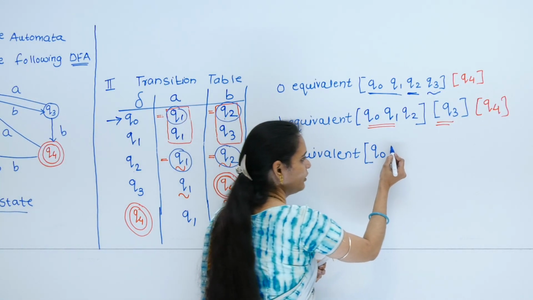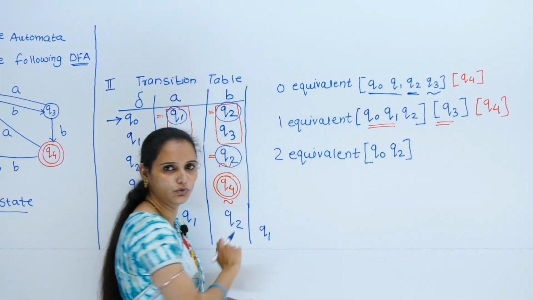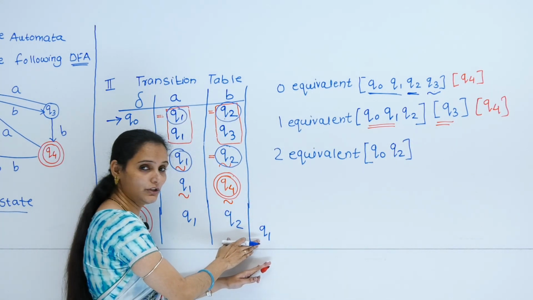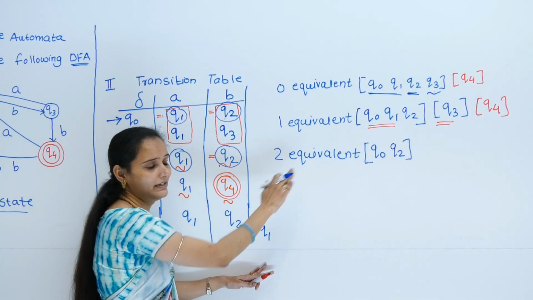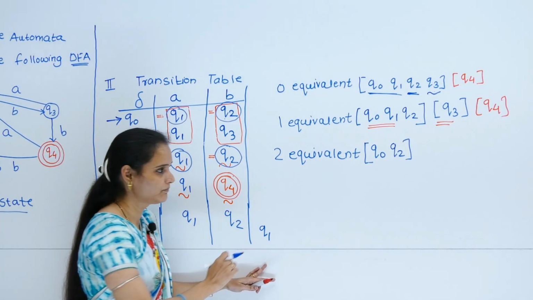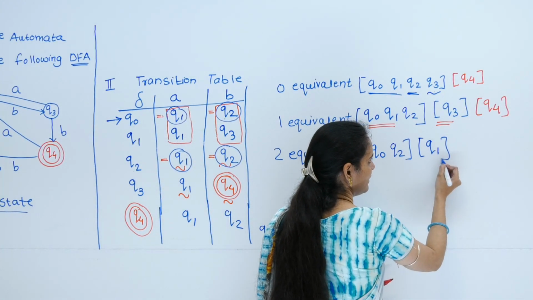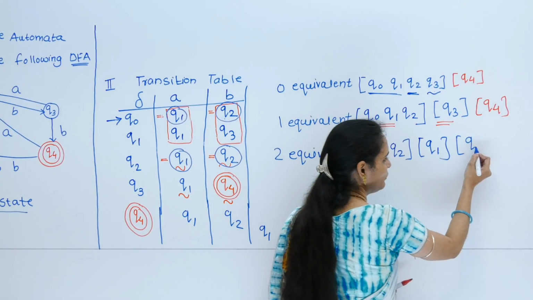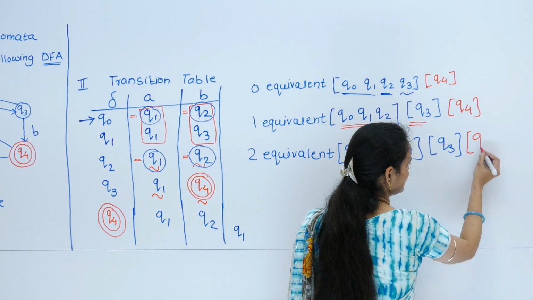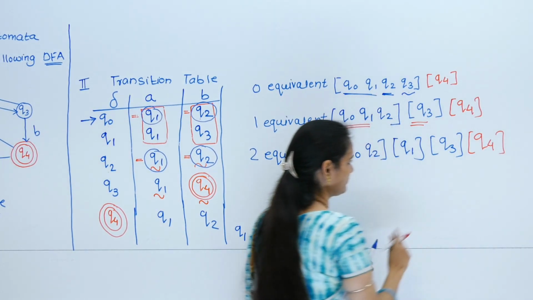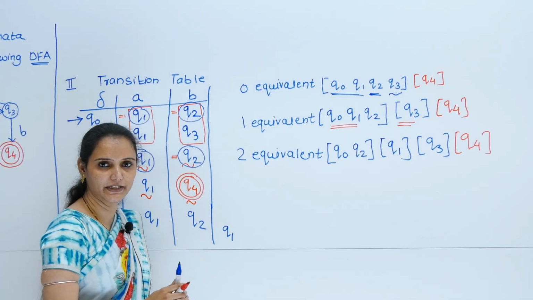So Q0 and Q2 are in one group in two equivalent. There is no necessity of checking whether Q1 is equivalent with Q2. Q1 we make a separate group, and Q3 and Q4 are already separate groups. These are the groups we have obtained for two equivalent.